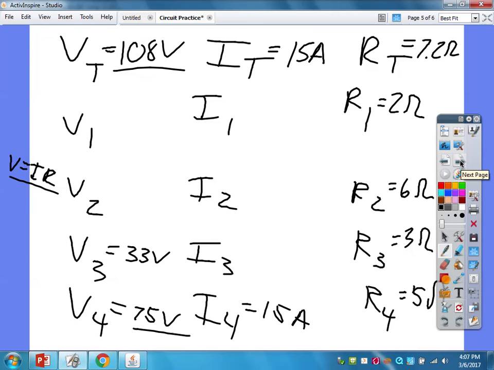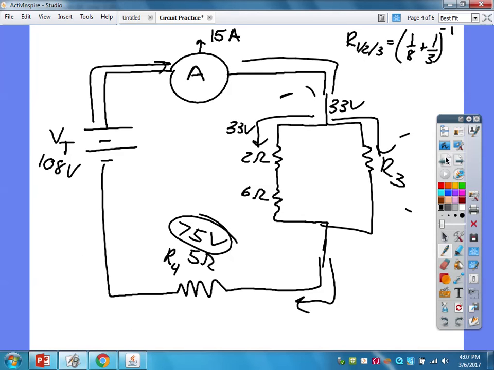I need to figure out the current going into the other side. 33 divided by 3, there's 11 amps going down the right-hand side. If you think about it, 15 amps enters the junction, 11 amps go down the one side. How much is left to go down the left side? It would be 4 amps.